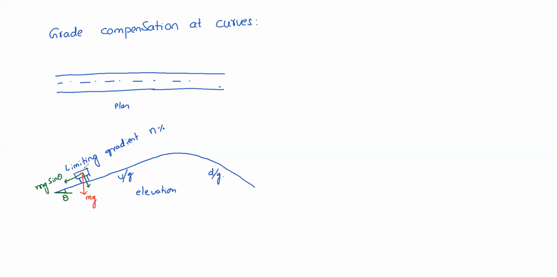Suppose the road is in a curved position as well as on a gradient. Suppose the road is like this. The curve is there in the gradient itself, so it is already a gradient.